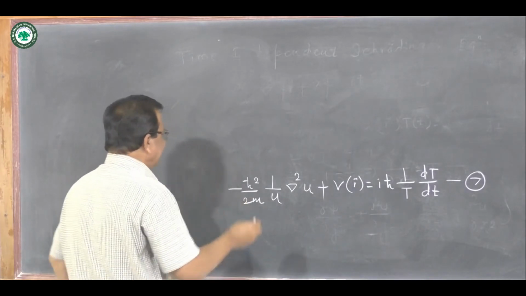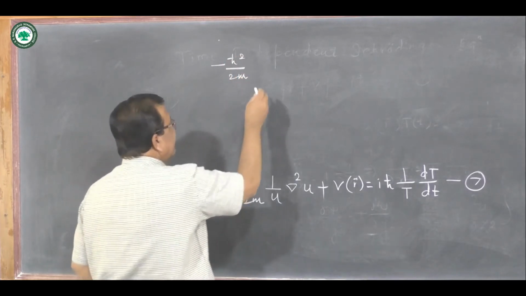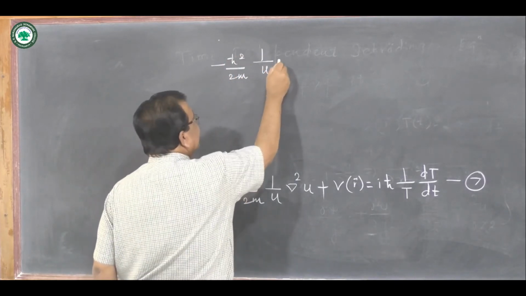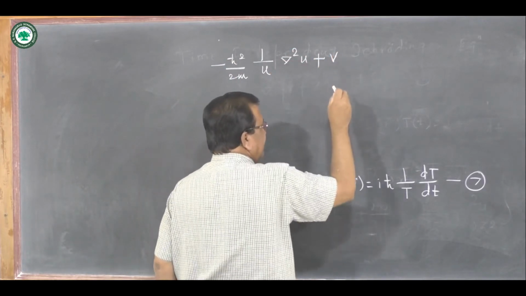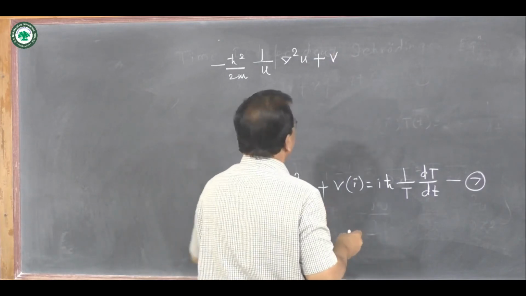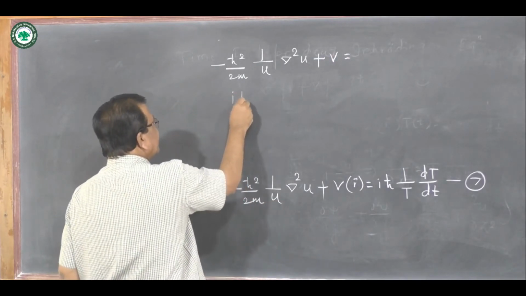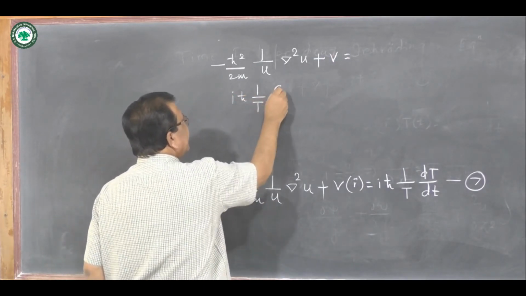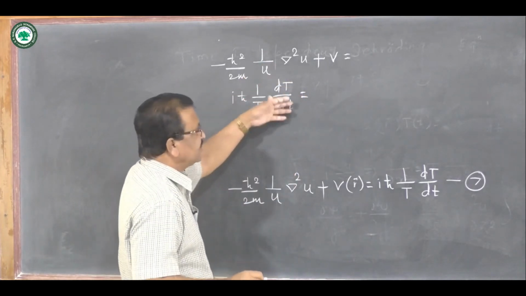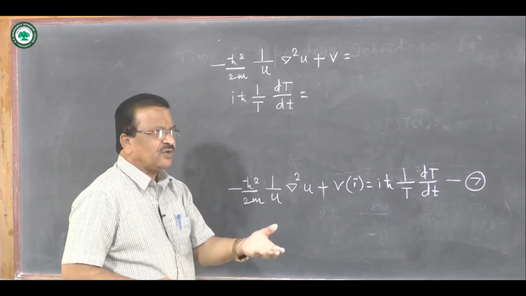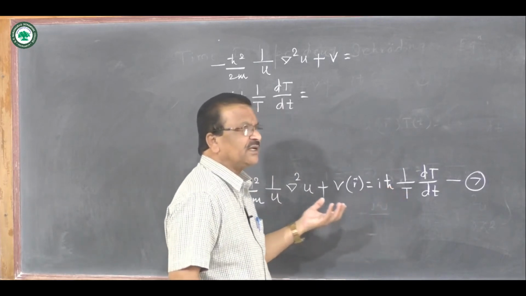For example, the left hand side, minus ħ² upon 2m, 1 upon u del square u plus V, equal to some constant. Similarly, iħ 1 over T dT/dt equal to some constant. The same constant will be there with which the RHS will be equated.